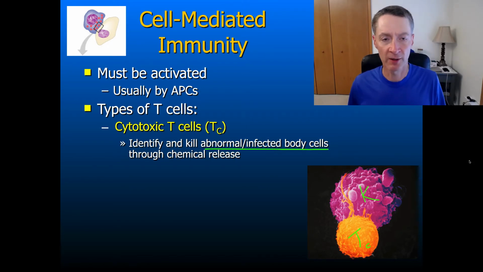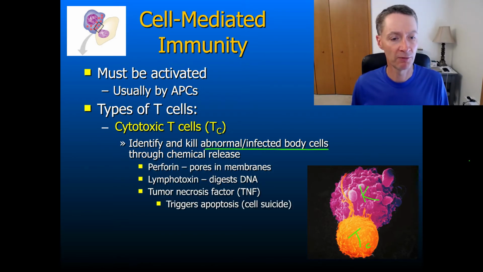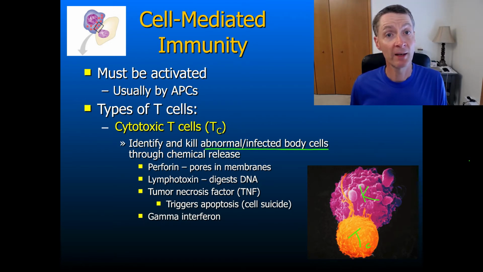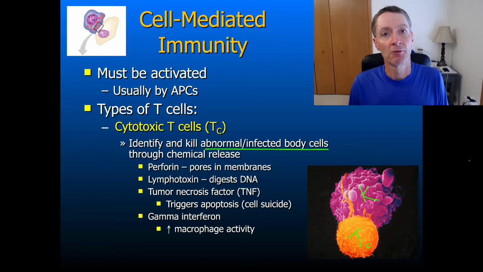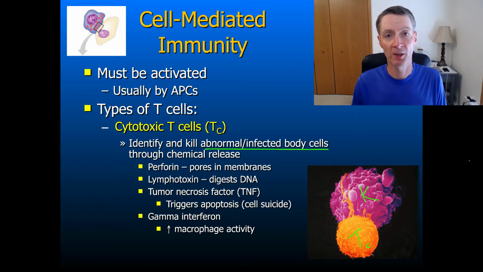Now, ultimately, if a cell is really bad off, right, it's abnormal or infected, then we might better get rid of that cell. And that's exactly what these cytotoxic T cells are capable of. They poke holes in the membranes. They would digest the DNA inside that body cell, trigger a mechanism within the cell for it to kill itself, called apoptosis, and they'd even call in the garbage men to pick up the pieces at the end. Okay, the macrophages will be activated.